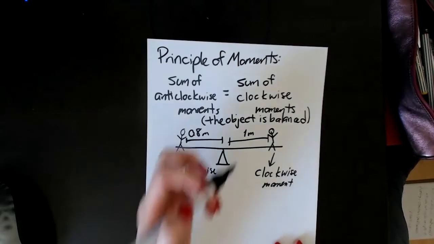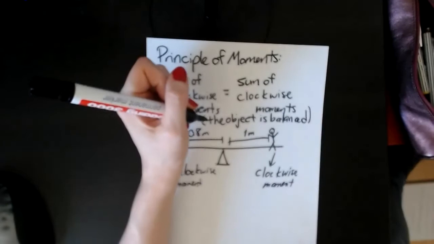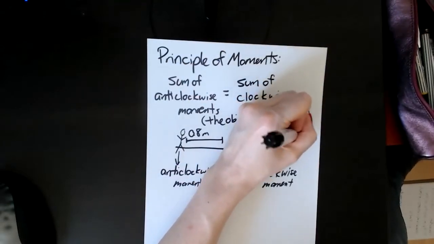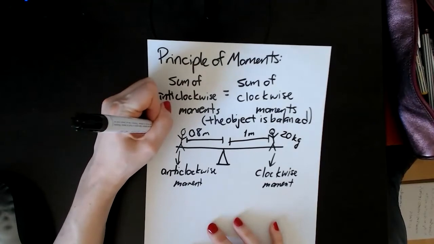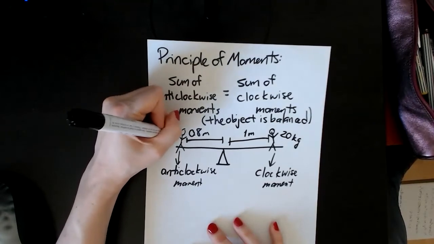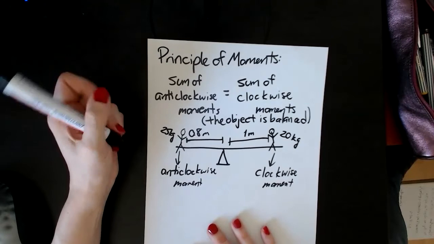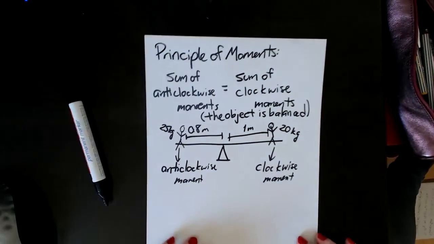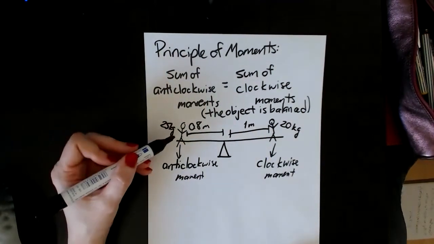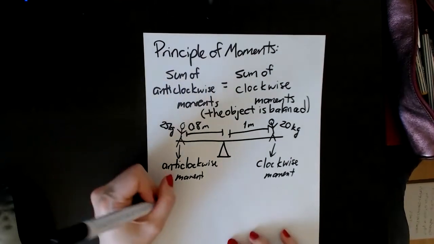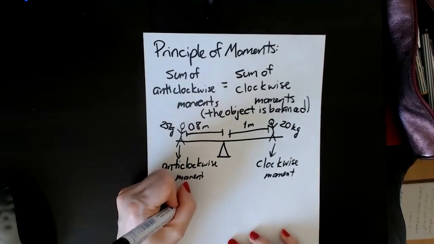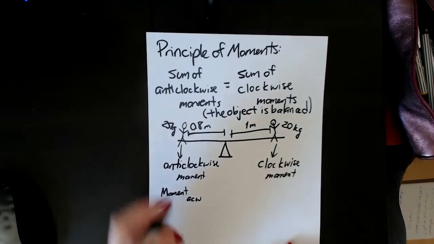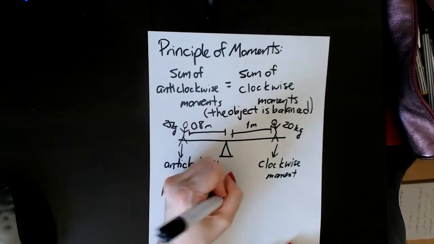And so then the person here could be 20 kilograms, and let's say this person here is 25 kilograms. All right, so the first thing you would have to do is find the force. So let's do the anti-clockwise first. So the anti-clockwise moment is going to be force times the distance.